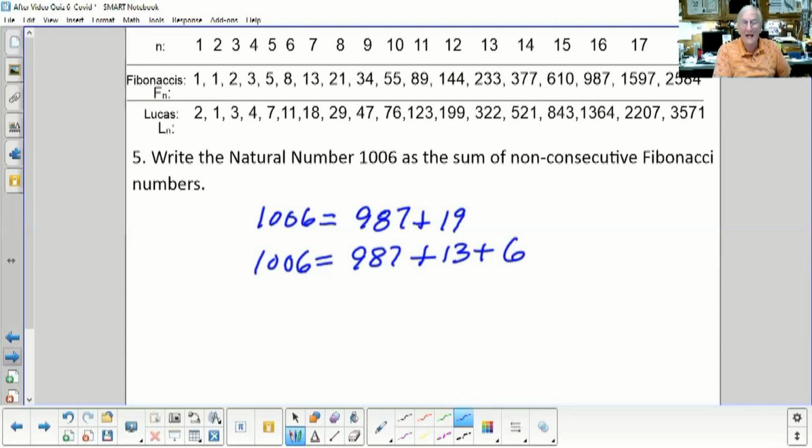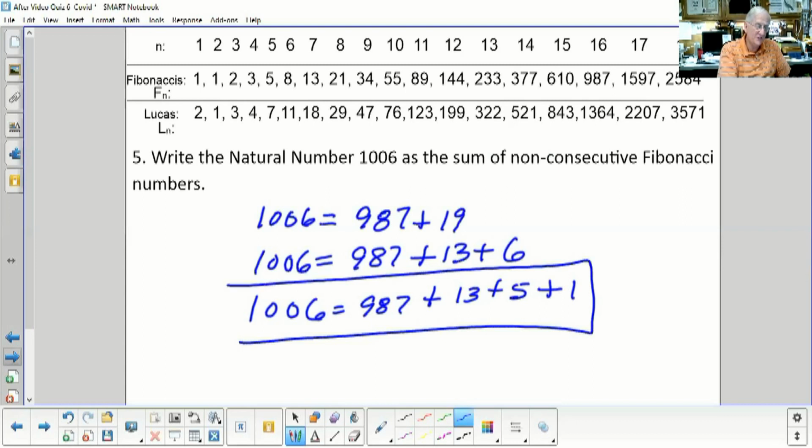Well, I have to work on 6 now because it is not a Fibonacci number. What's the closest fib to 6 that's smaller? It's 5. And what do I need? 1 to get 6. 1 is a Fibonacci number, so guess what? I'm finished. So I have written this as the sum of non-consecutive Fibonacci numbers.